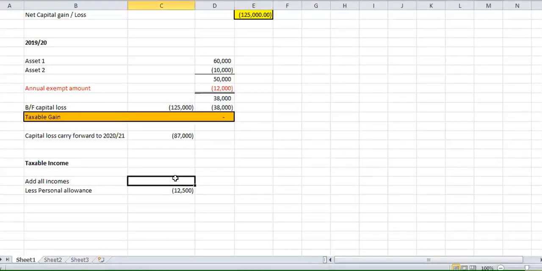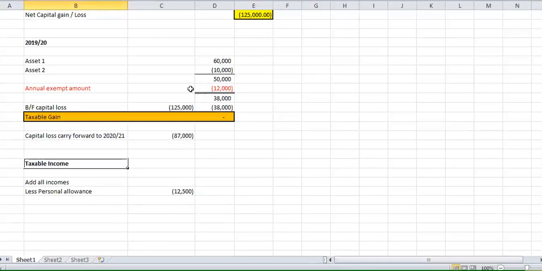So for example, we need to add all of the incomes of an individual. Say when we add all of the incomes of an individual, the income is £70,000. When we deduct the fixed relaxation, we have taxable income.